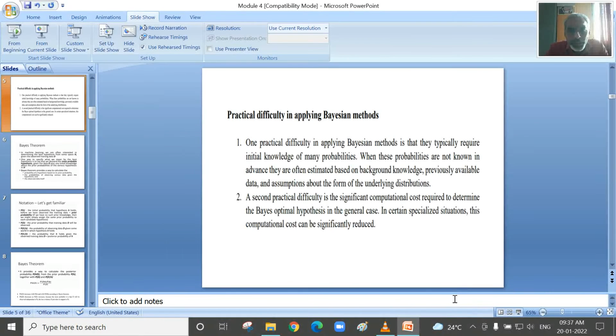The first important difficulty we are going to face is that when you apply this Bayesian method, it typically requires some initial knowledge of many probabilities. Later we are going to look into the Bayesian rule.